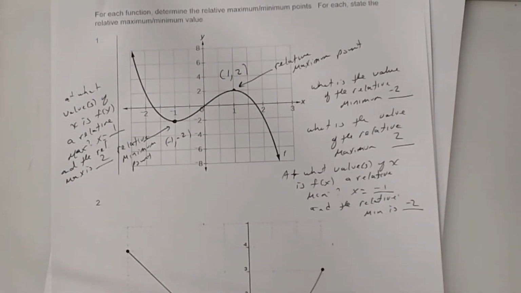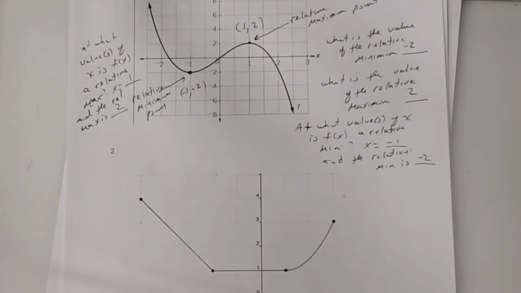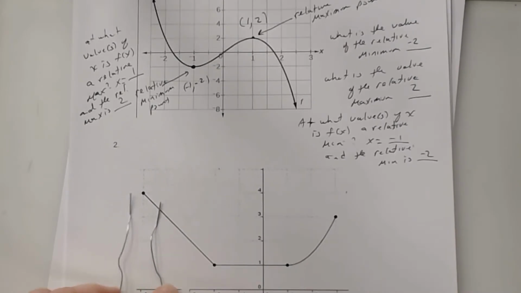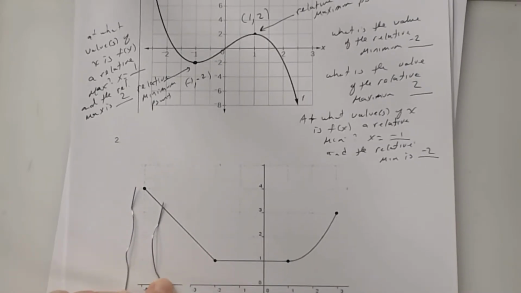All right, now number 2 is going to be a little bit tricky for some of you. When we talked about the relative max, relative min, we talked about that little local area. So you see this point right here where the graph starts, and I'm looking at the domain or lack of domain on either side.